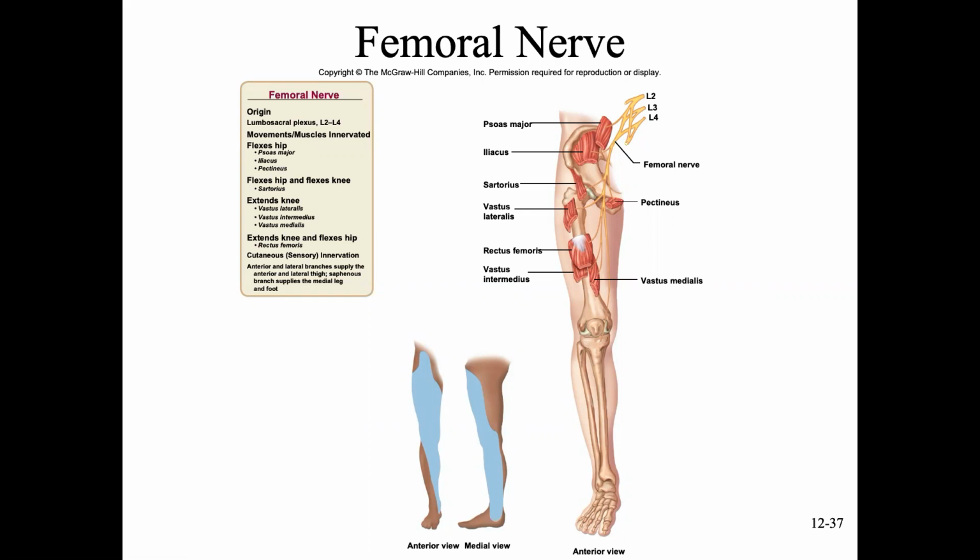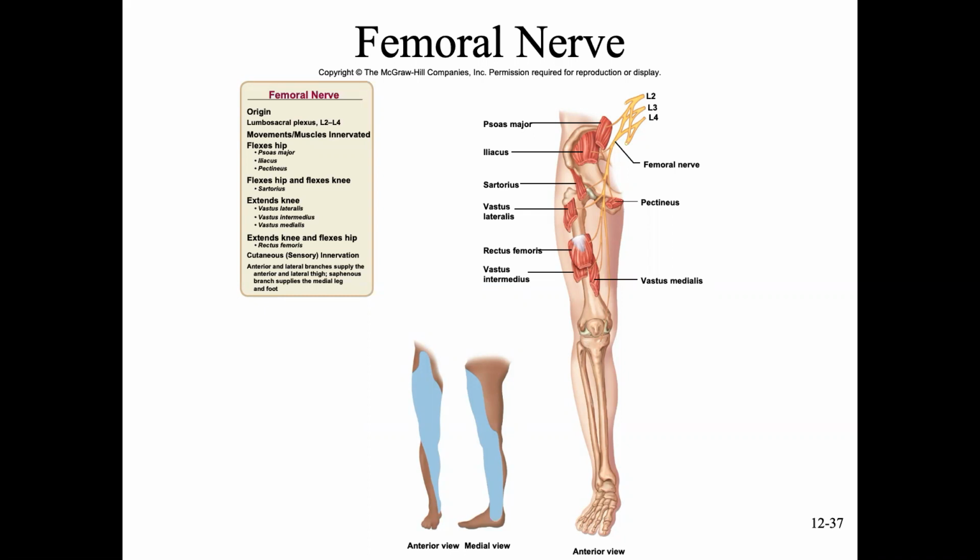Iliopsoas muscle flexes the hip. Flexion of the hip is movement of your thigh bone, your femur, upwards. That is one of the functions of the femoral nerve. The other function is to extend the knee because it goes to your quadriceps. Now, this femoral nerve is the main sensory nerve of your anterior leg.